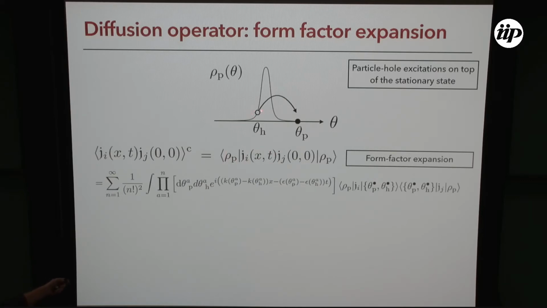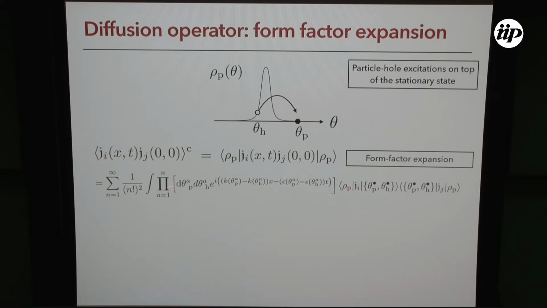Namely, you take one particle and you change its momentum. You call this hole and you call this particle. Okay? And you sum over all possible types of particle-hole excitations, namely all the possible numbers of them. You can do 2, 3, 4, 7, an infinite number of particle-hole excitations, and you sum them, and the sum is weighted by the so-called form factors, namely the matrix elements that tell you, for this local operator, what's the probability that it creates this quasi-particle excitation. Okay?